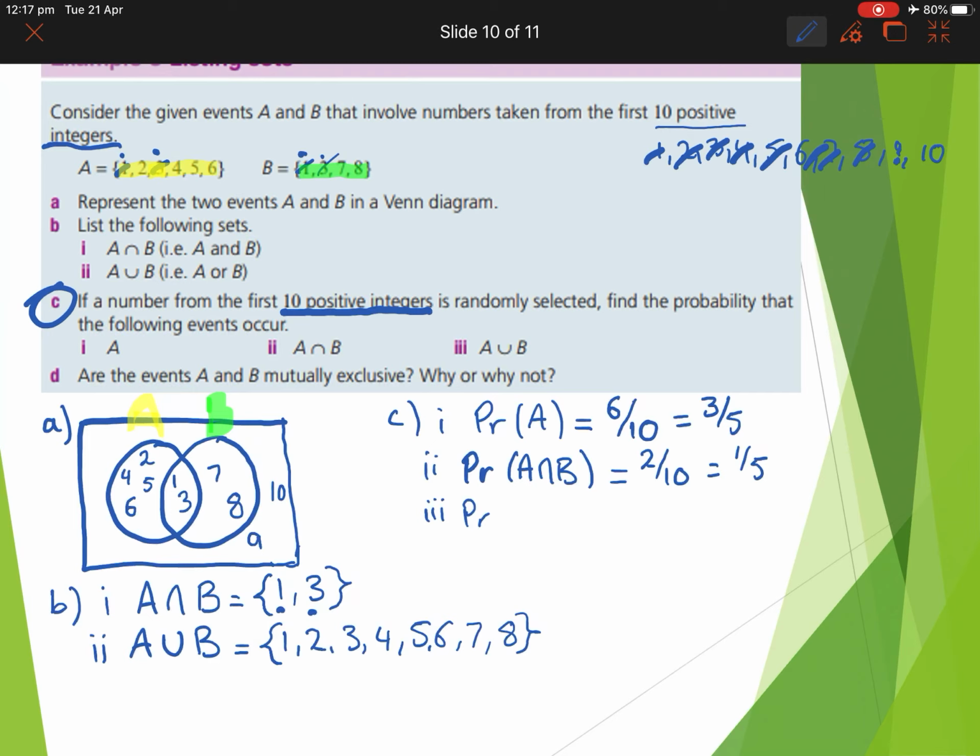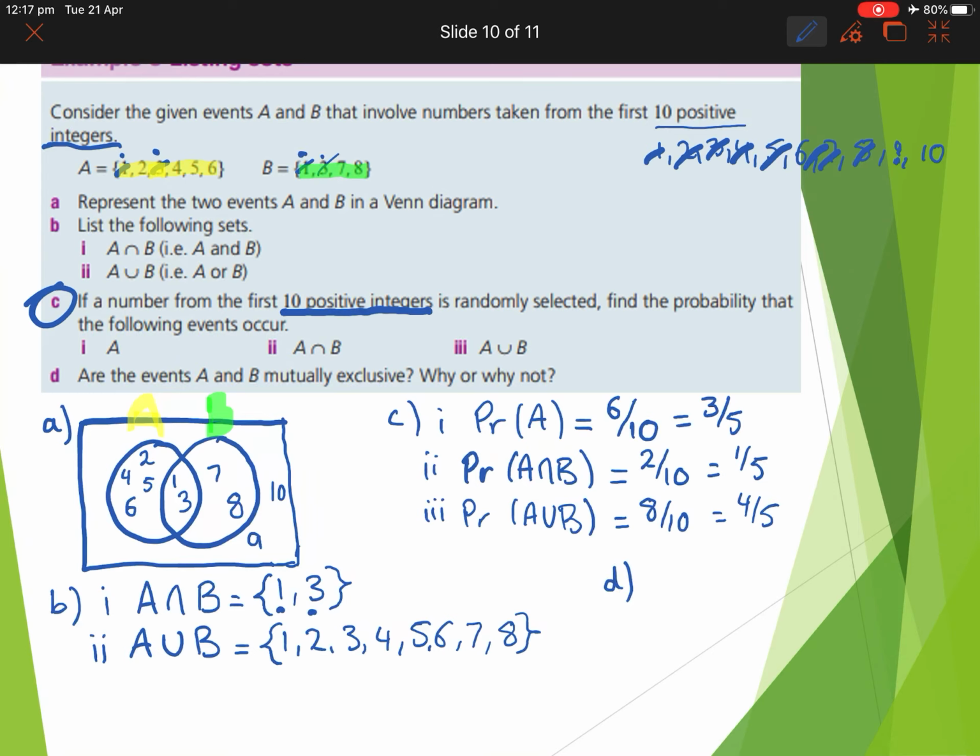And the last one, the probability of getting A union B, getting one of the numbers from sets A and B. A and B have 8 numbers together, so 8 out of 10, which is 4 over 5.